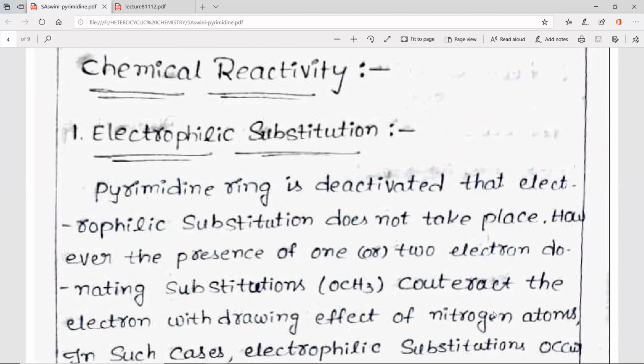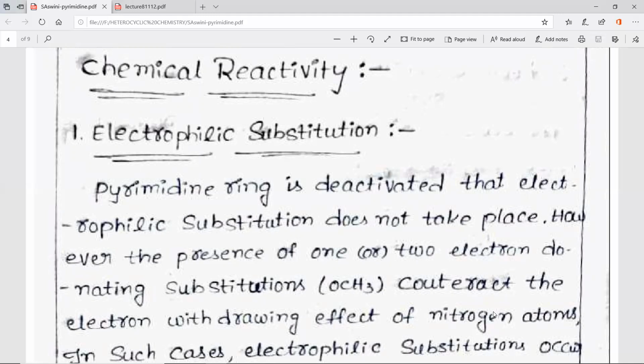However, if activating groups are present in the pyrimidine ring system, then it may undergo some of the electrophilic substitution reactions. The pyrimidine ring is deactivated, so electrophilic substitution does not take place easily because of the presence of electron withdrawing nitrogen atoms.